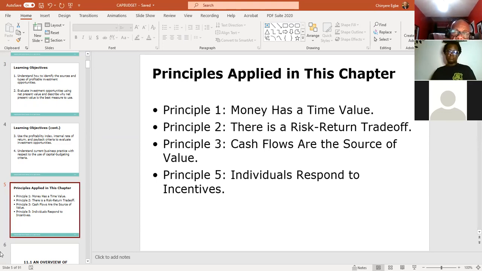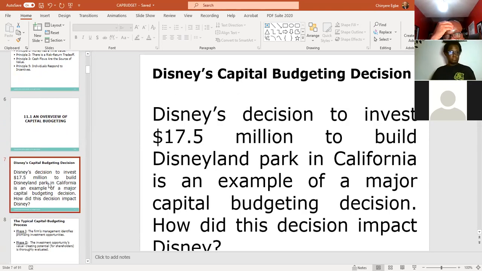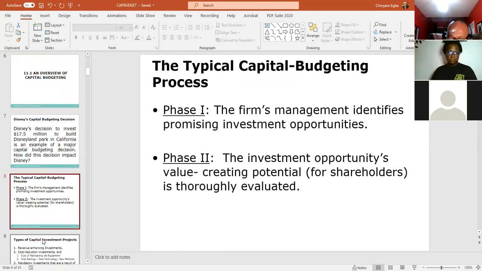All right, so here's an example, like Disney's decision to invest $17.5 million to build a new park is a capital budgeting decision, okay? There are steps in the process.